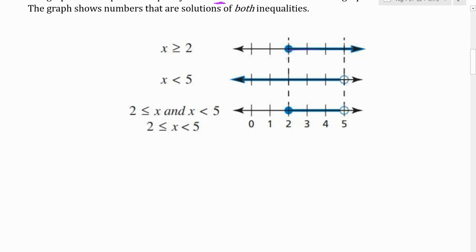So what we're looking for is the overlap. What's in both of them? So the number 2 was in both. The number 5 was not. And then all the stuff in between is.